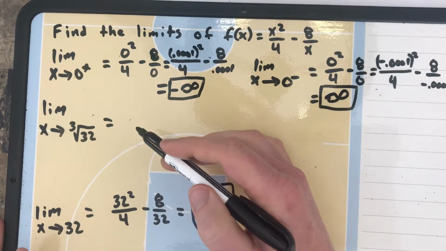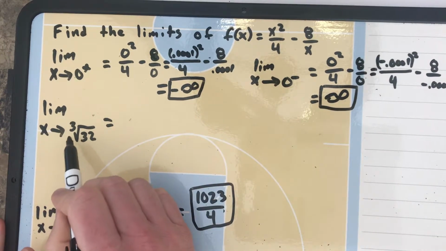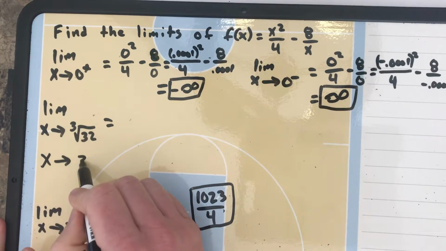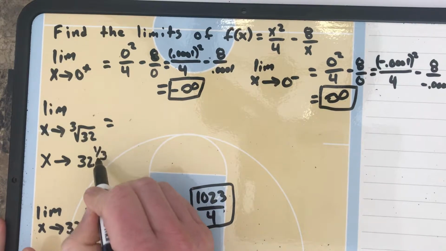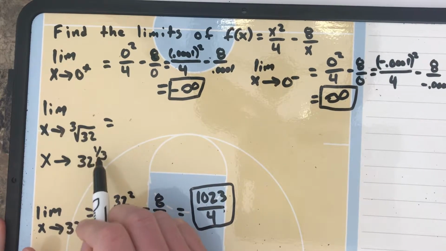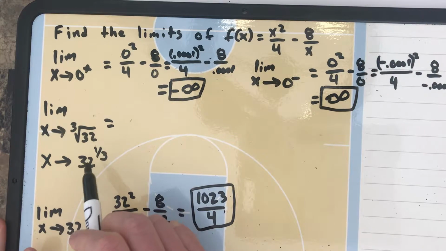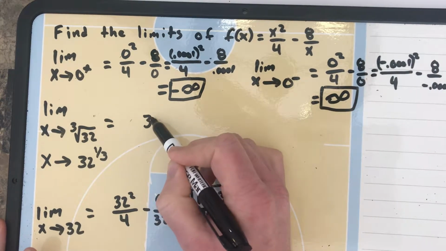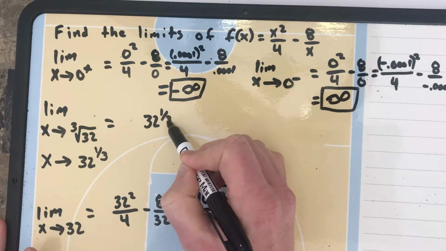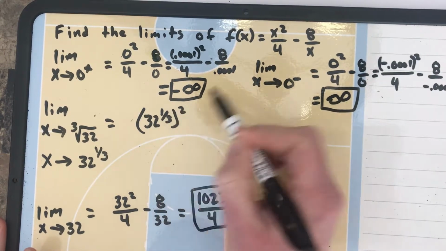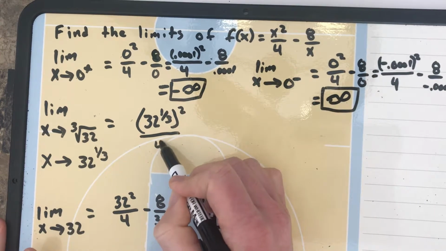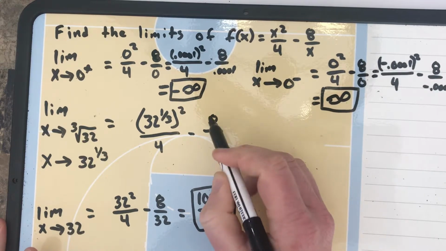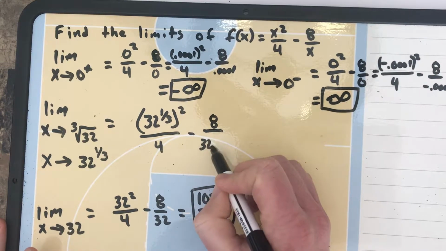The first thing I wanted to find, if I'm saying x approaches the cube root of 32, I'm really saying x approaches 32 to the 1/3 power. Remember, you can write cube roots as fractional exponents. So let's start down this route: 32 to the 1/3 squared, from our function, over 4, minus 8 over 32 to the 1/3.